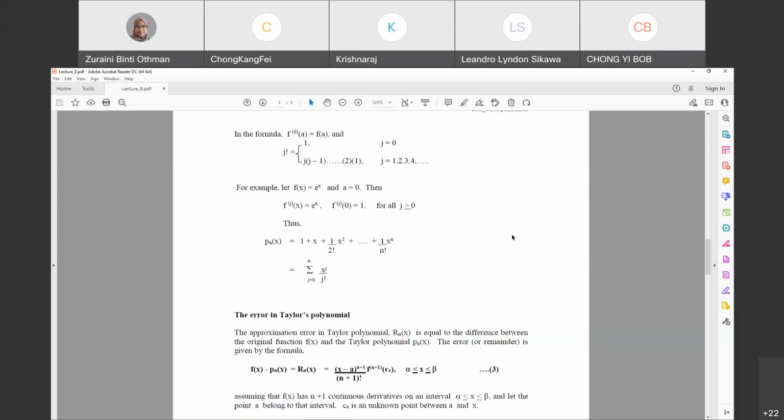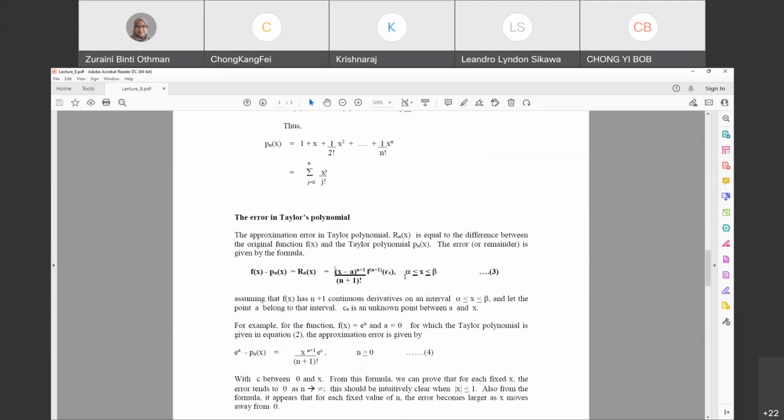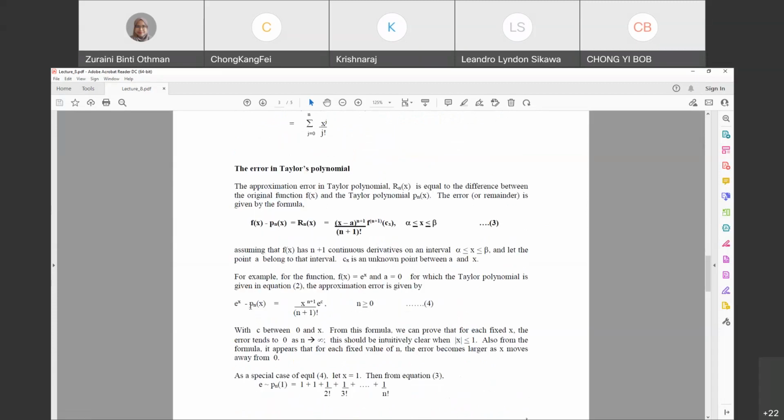It will be the error, and it is between alpha and beta, assuming that f(x) has n plus 1 continuous derivative on interval, and let the point belong to the interval. c(x) is unknown point between a and x. For example here, bila kita ambil case exponent x juga, and we have a is equal to 0, jadi gantikan dalam equation ni.